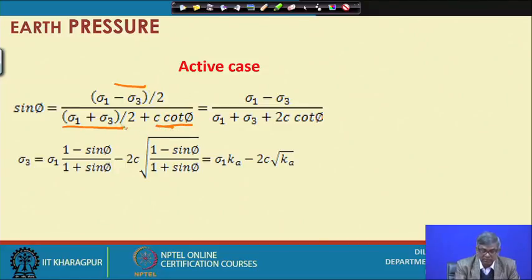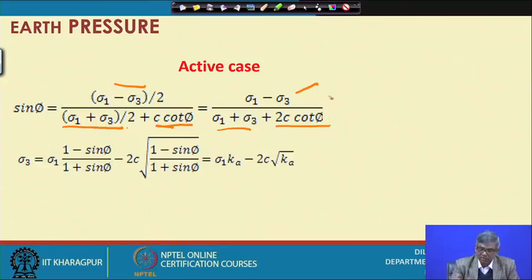If I do a little simplification, it will be sin phi equal to (sigma 1 minus sigma 3) divided by (sigma 1 plus sigma 3 plus 2C cot phi). So, we are getting this expression for sin phi. I have to express sigma 3 in terms of other parameters like C, phi and sigma 1.